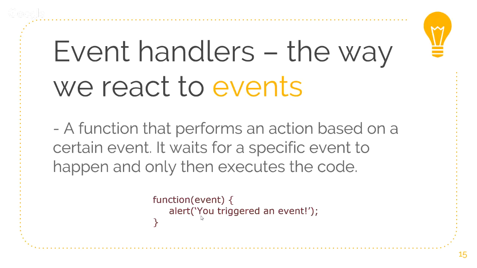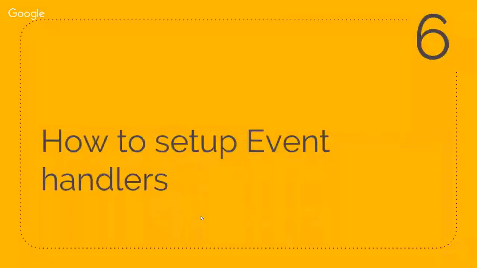And it's only executed when the event we've specified occurs. So a click event handler will not run when we double click an HTML element, sorry. So unless we explicitly click the element on which we define the event handler, the function we've specified will not run. Okay, so now that we know what event handlers are, let's see how we create them.